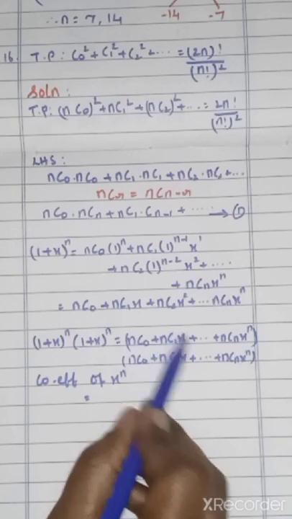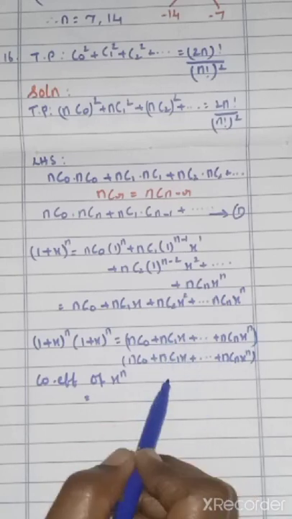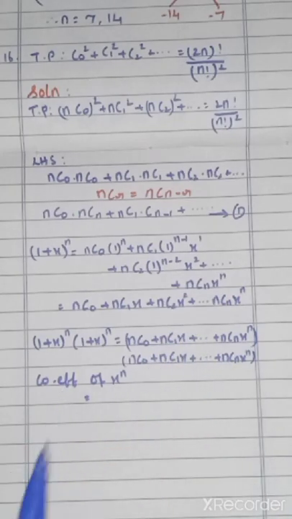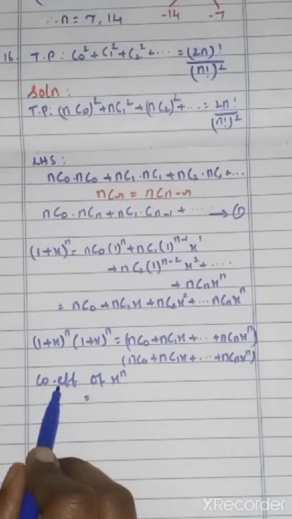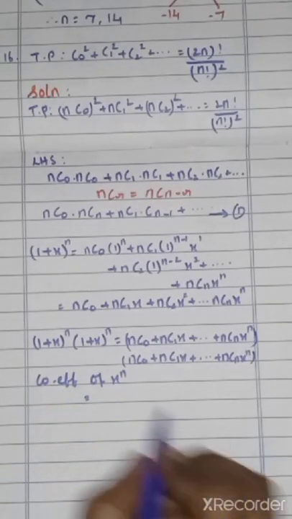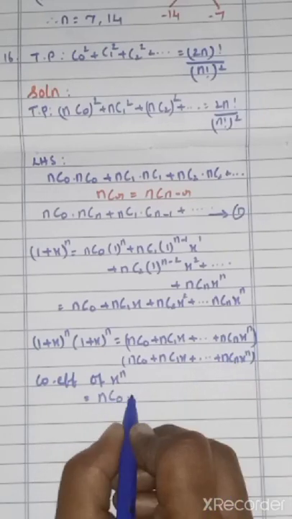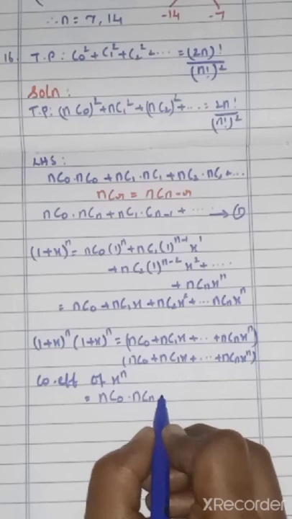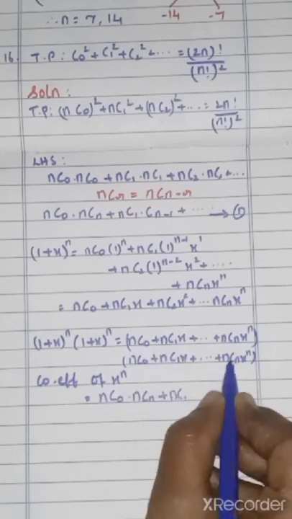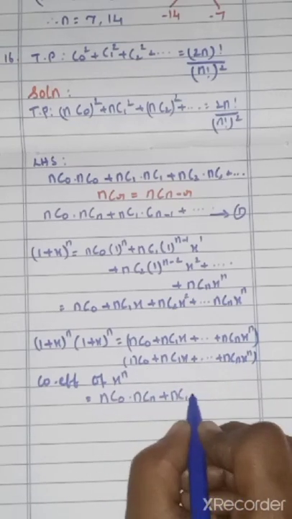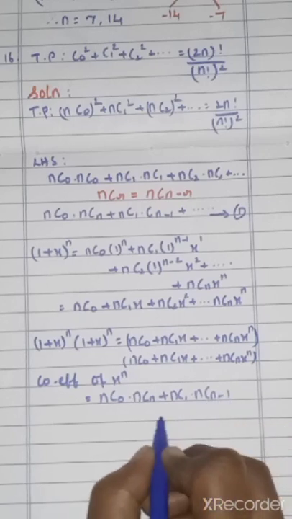Similarly, the first term's previous term, the second term's previous term, if you multiply, you will get the coefficient of x power n. So that is nC0 into nCn, plus in the term nC1, what will its previous term be? nC(n minus 1).